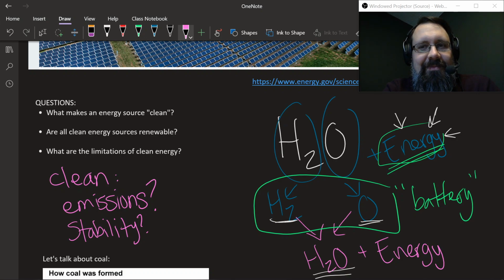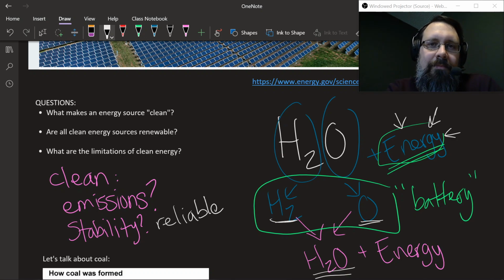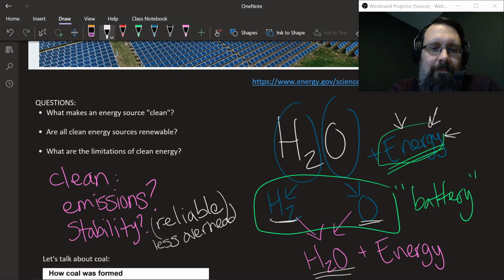What do you mean by stability? I don't know exactly, but I feel like solar power is slightly more reliable than burning coal to heat up water to turn a turbine to get electricity. I just feel like there's less steps involved in clean energy, so it's cleaner just in process. So easier, less things to go wrong.